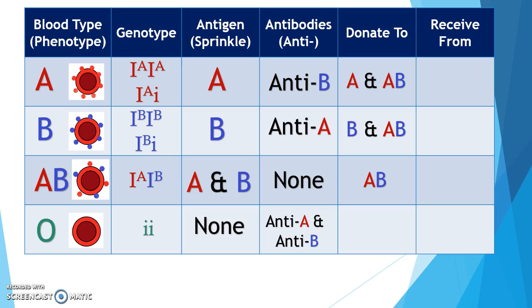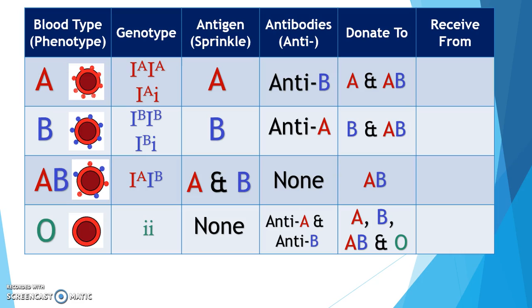But if you look, a person with O blood has no antigens, no sprinkles on them, and so therefore there's no other blood type that will refuse them, so they can donate to every single person regardless of their blood type. A type A, type B, type AB, or type O person.